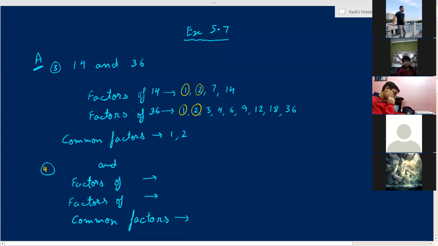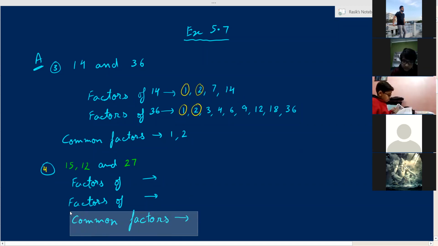Okay, fourth part, the numbers are 15, 12 and 27. Three numbers. Yes, I told you that I will tell you, and now I am going to tell you.